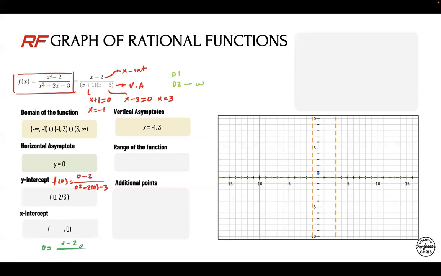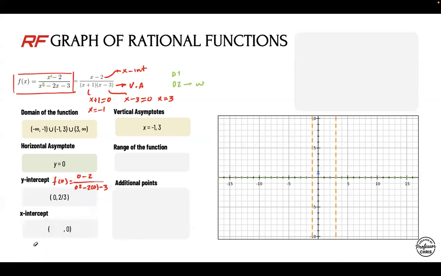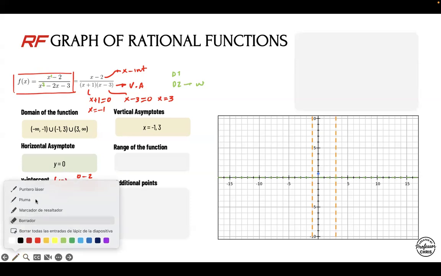In this case, you end up with x plus 1, x minus 3. But if you solve for x minus 2, the denominator is going to end up disappearing. Let me show you over here real quick.